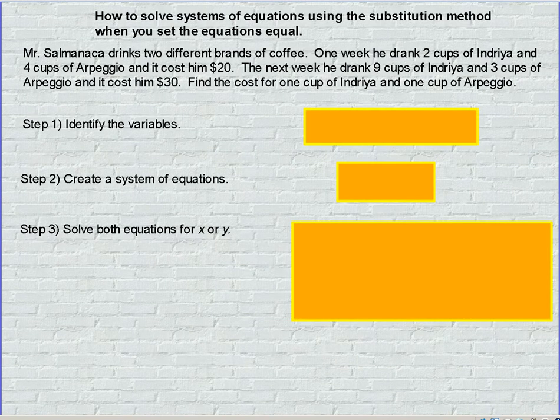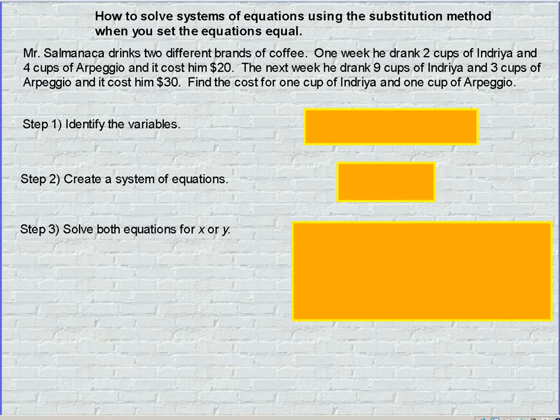Now, we're going to look at a real-world scenario where we set the equations equal. We have that Mr. Salamanca drinks 2 different brands of coffee. One week, he drank 2 cups of Andrea and 4 cups of Arpeggio, and it cost him $20. The next week, he drank 9 cups of Andrea and 3 cups of Arpeggio, and it cost him $30.